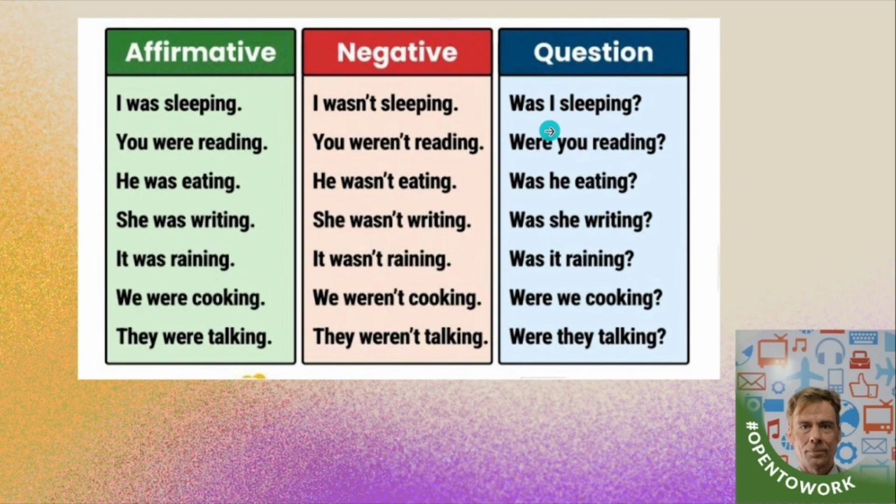So, I was sleeping is an affirmative. Was I sleeping is a question. You were reading is an affirmative. Were you reading is a question. And again, to use a question word, if you're trying to get specific information, it could be what were you reading?